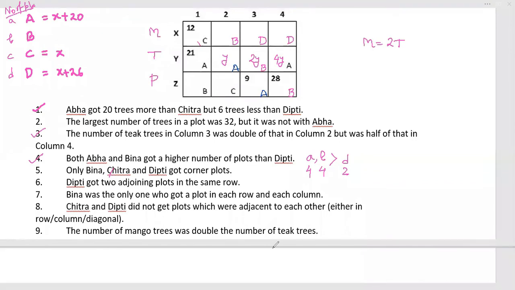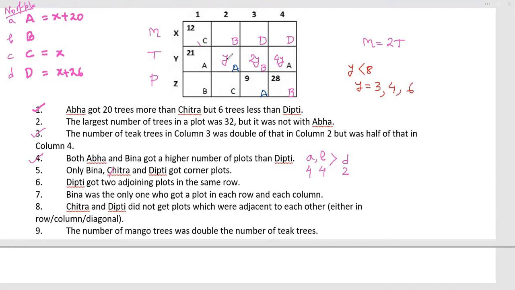We can see another piece of information that the maximum number is 32 and 32 cannot be this one. 4y cannot be 32. That means y needs to be less than 8. So y is less than 8. But y is a number. So what are the possible values of y? y may be 3, 4 or 6.